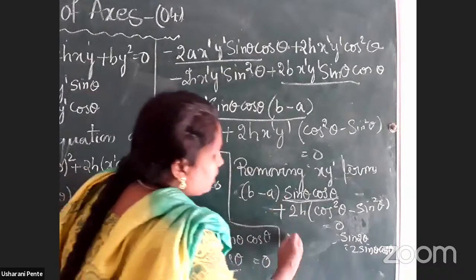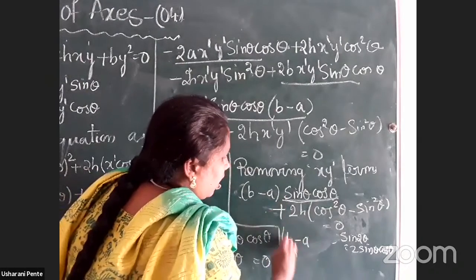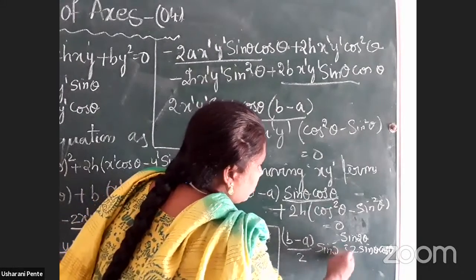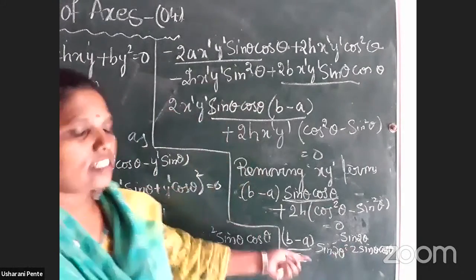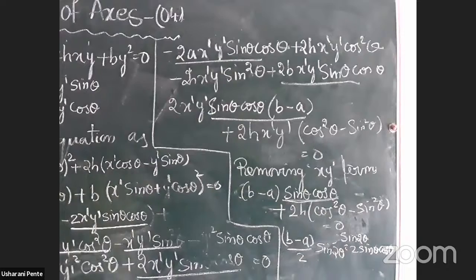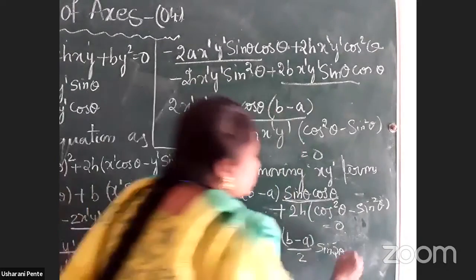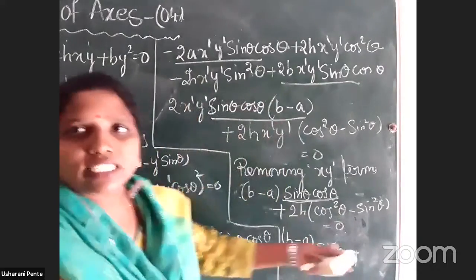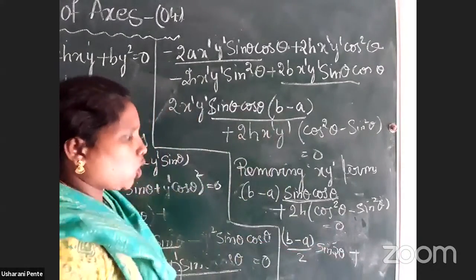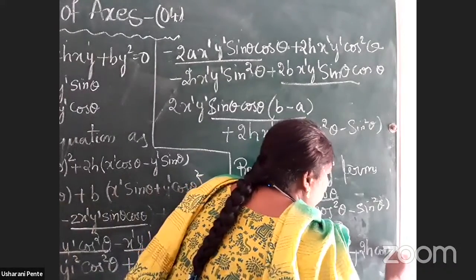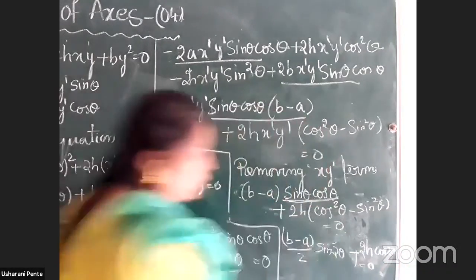So what I will get is b minus a by 2 sin 2 theta. And we know that cos square theta minus sin square theta is nothing but cos 2 theta. That is 2h into cos 2 theta is equal to 0.